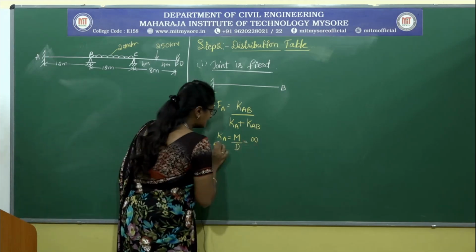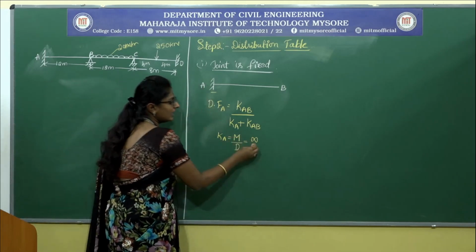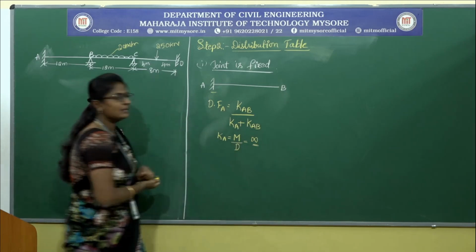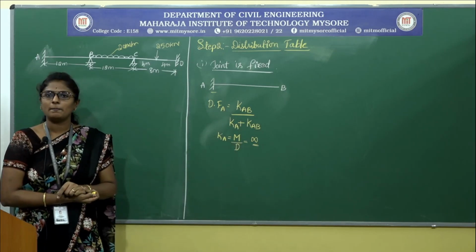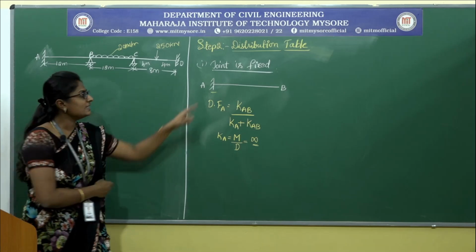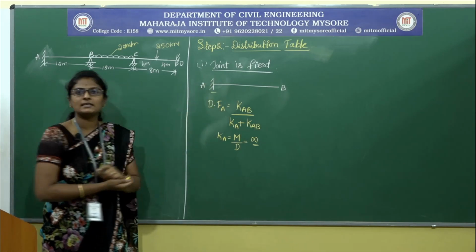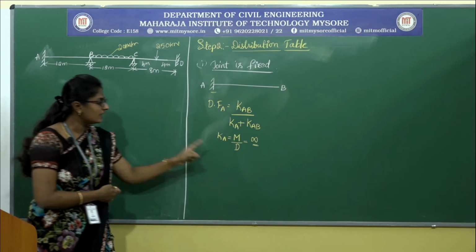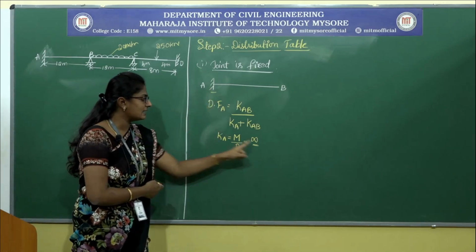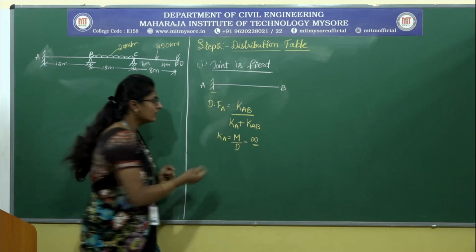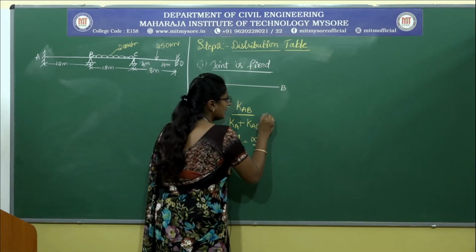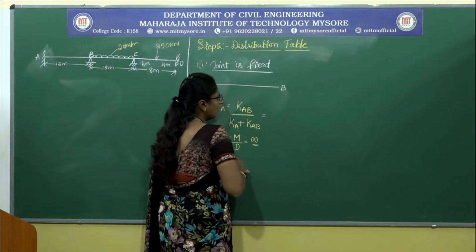Thereby, this stiffness at joint A is considered as infinity. Got it? Since the fixed end can take infinite moments, the stiffness at the joint A is considered as infinity.